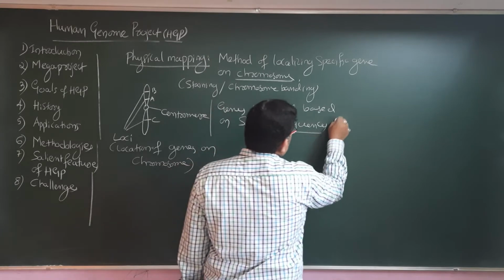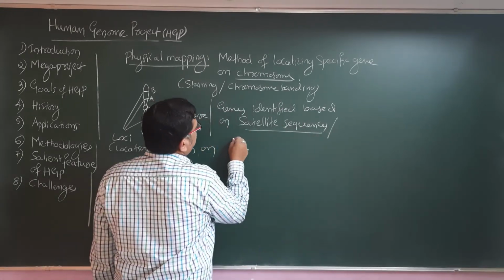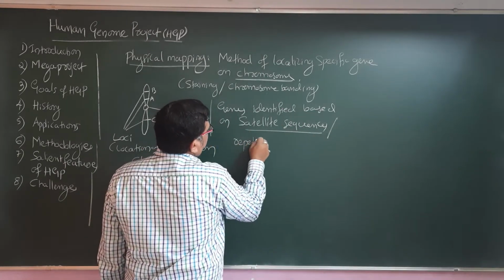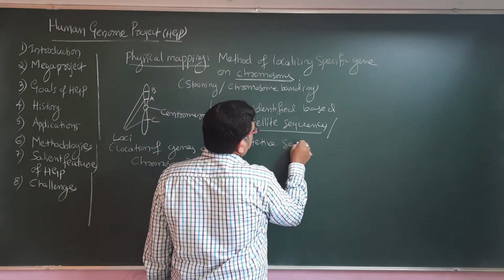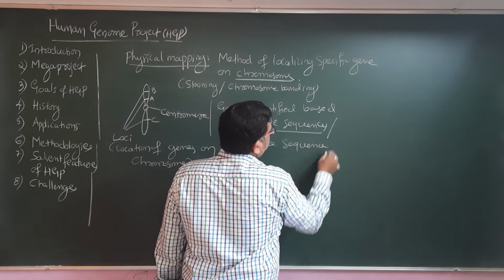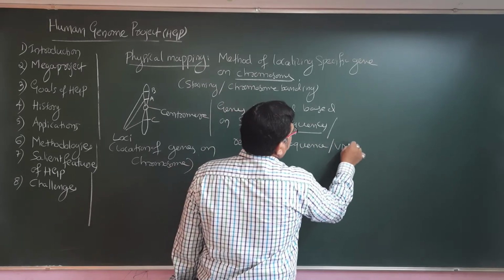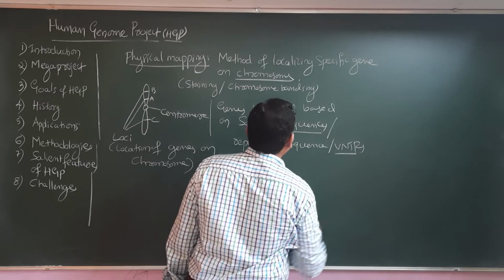What are these satellite sequences? These are mainly repetitive sequences, sometimes referred to as VNTRs. What are these VNTRs?